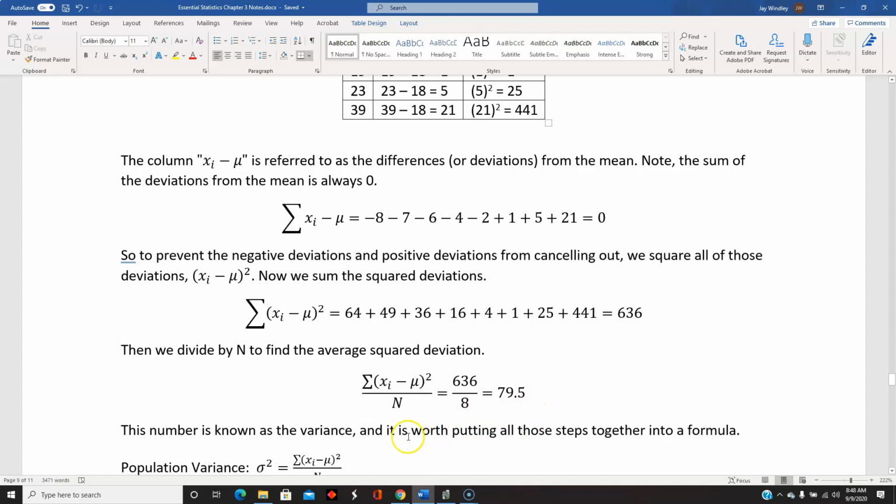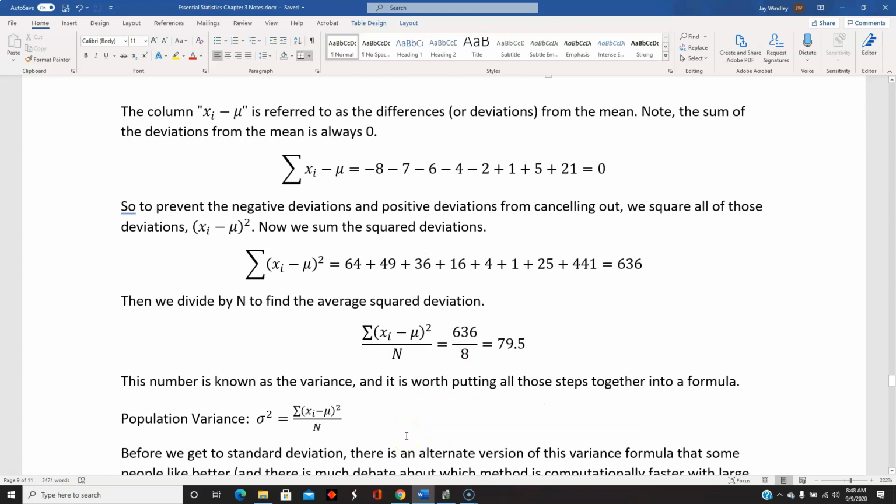And if you put everything together into a formula with the proper symbol, population variance, which is lowercase Greek letter sigma squared. This Greek letter sigma kind of looks like a sideways 6. The sum of the squared deviations divided by n. That's variance.